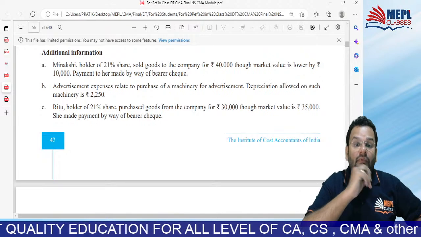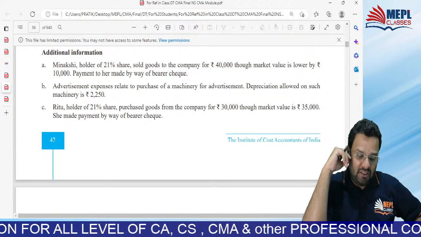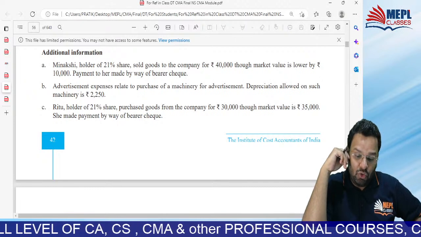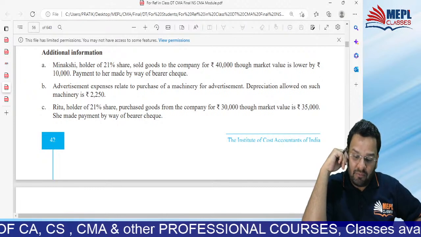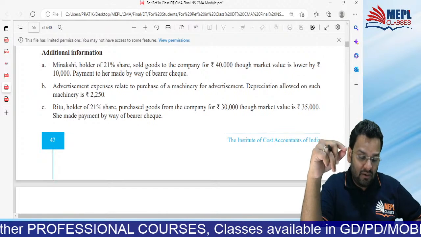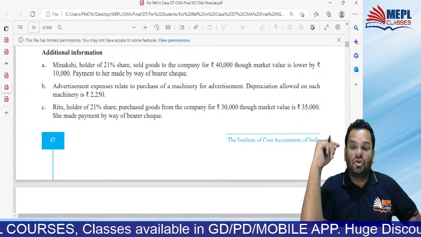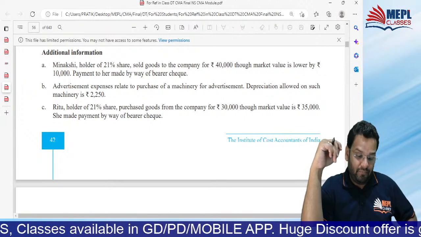Meenakshi, who was holding 21% shares, sold goods to the company for 40,000, though the market value is lower by 10,000. In short, what has happened?